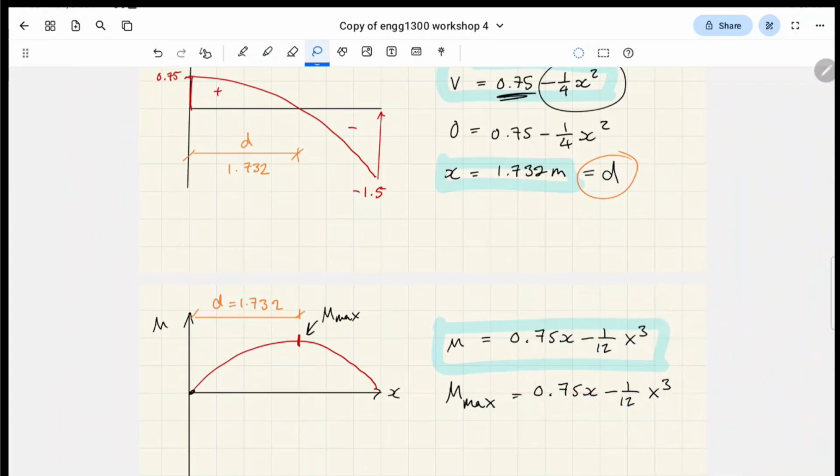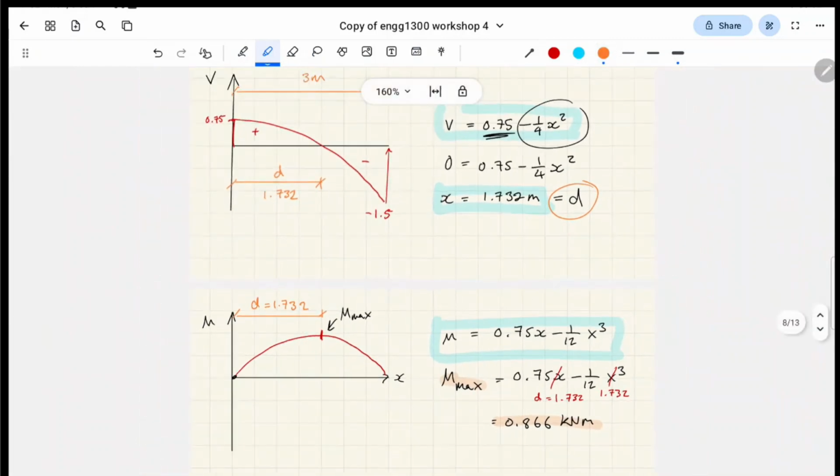That's equal to this pretty much, except we sub in all the x's for D, which is 1.732. When we plug that in our calculator, we get that M max is 0.866 kilonewton meters. So that's how you would solve that question.